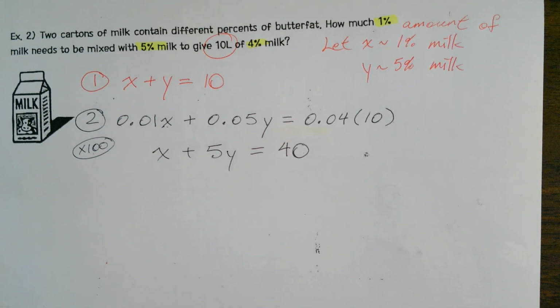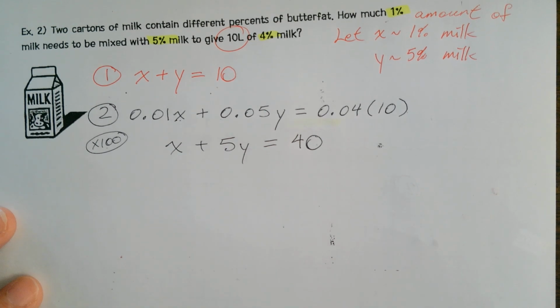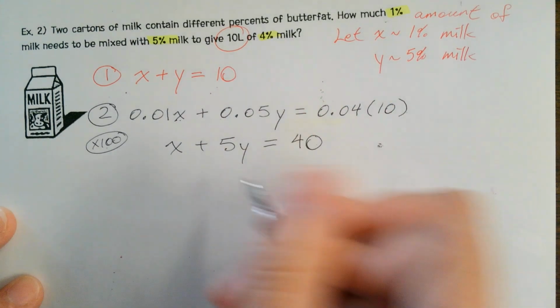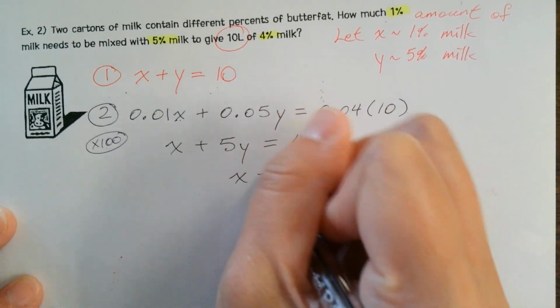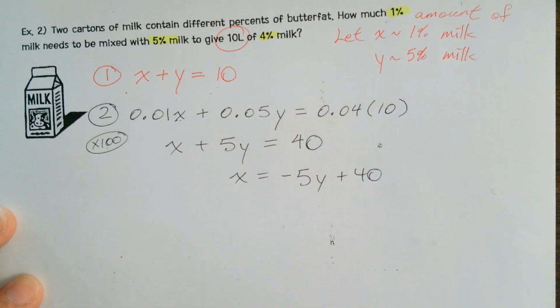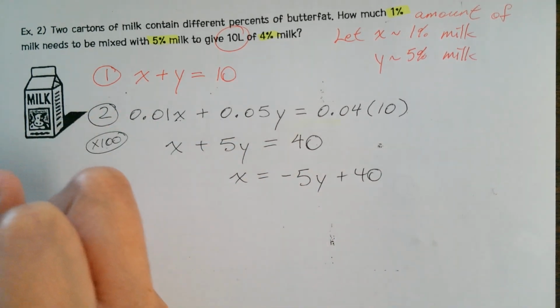Okay, I have these two equations to work with. Let's use the method of substitution. Okay, so substitution, let's rearrange this equation to x equal. So this becomes negative 5y plus 40. Okay, and now I'm going to sub this equation into equation 1.